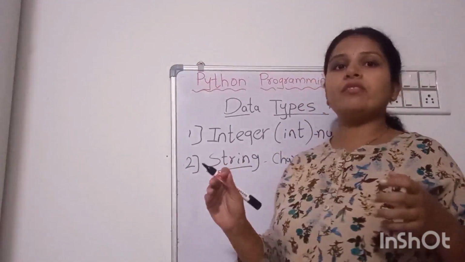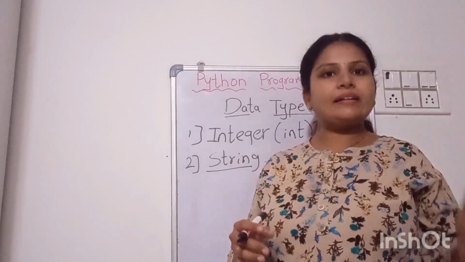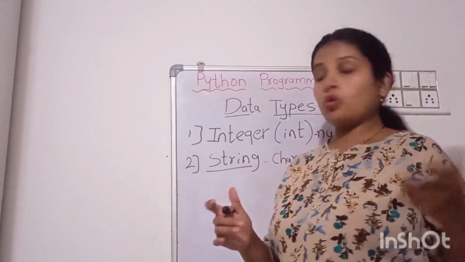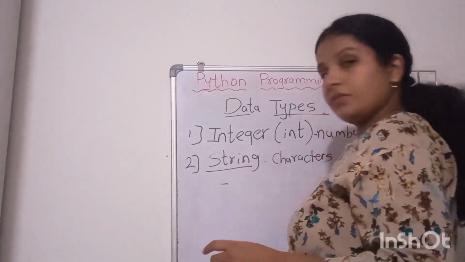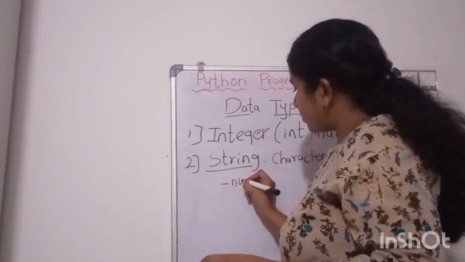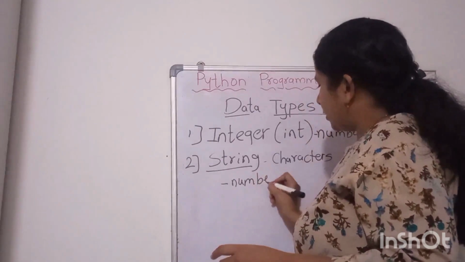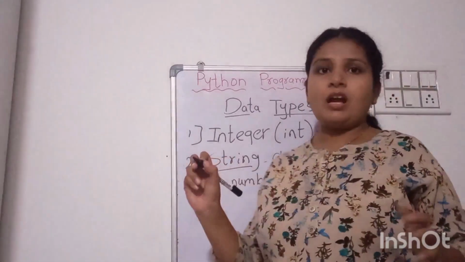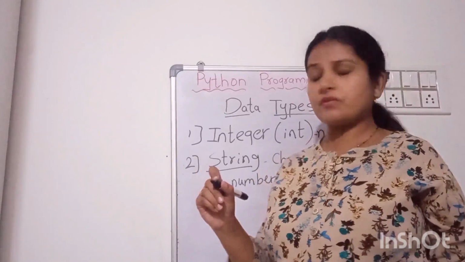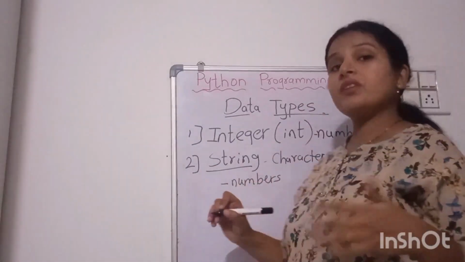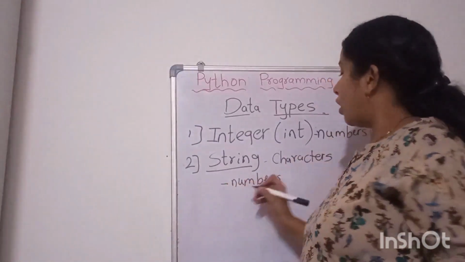Whenever you are working on names or addresses, a string can be considered as characters as well as numbers. Sometimes numbers could also be strings. How? We are going to see that when the example or the concept comes. But numbers could be strings also.